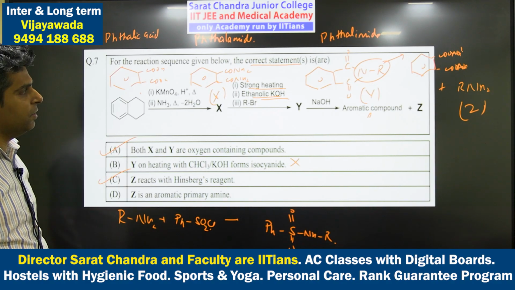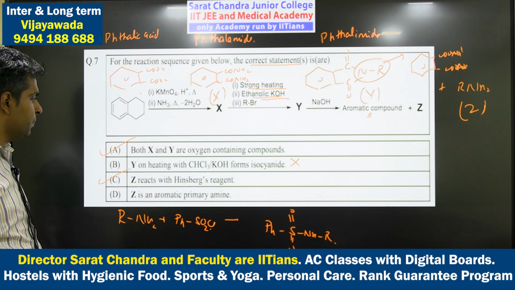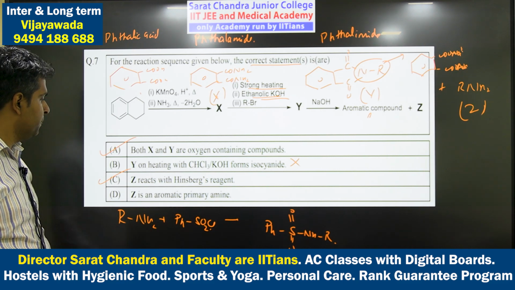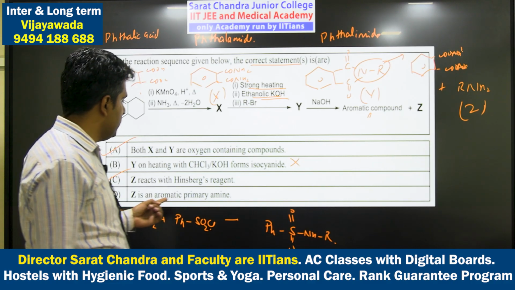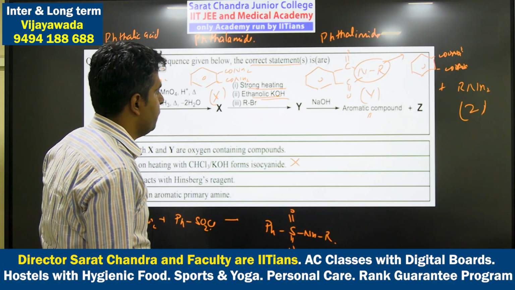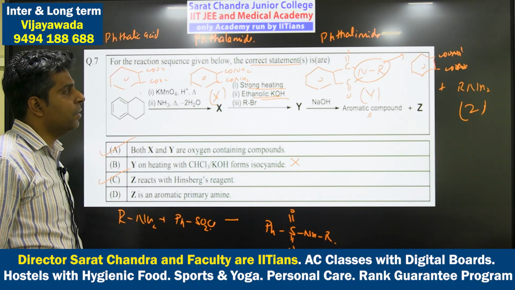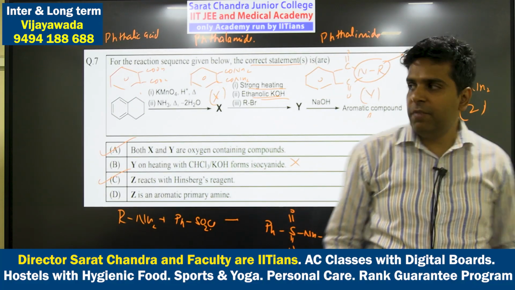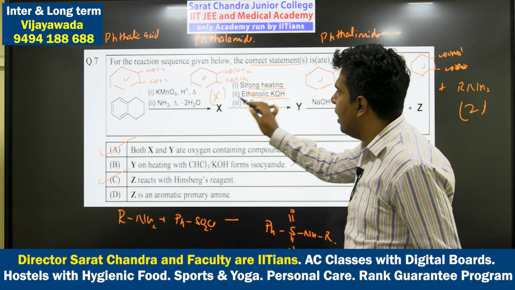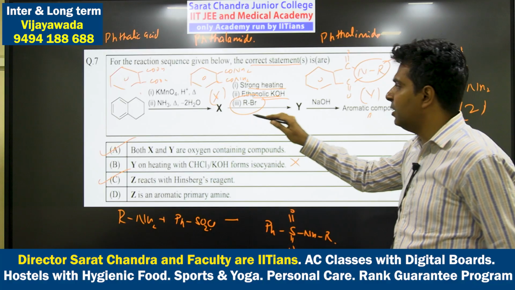So Z, a primary amine, will react with Hinsberg reagent to form sulfonamide. And the fourth option, D, is saying Z is an aromatic primary amine. Z is a primary amine that we know, but Z is not aromatic. If Z was aromatic, then when we were doing substitution of the alkyl bromide with the amide, the amide will attack the bromide in substitution.